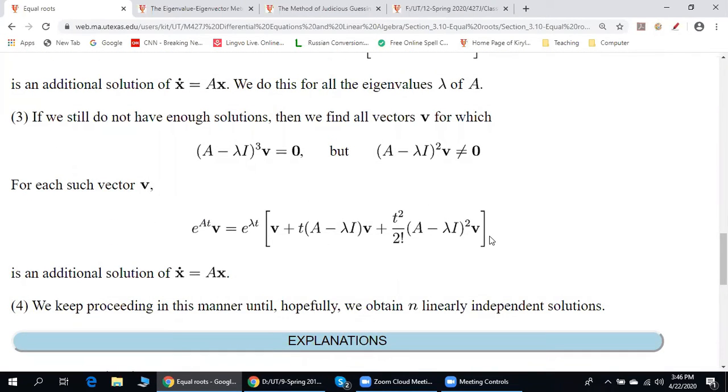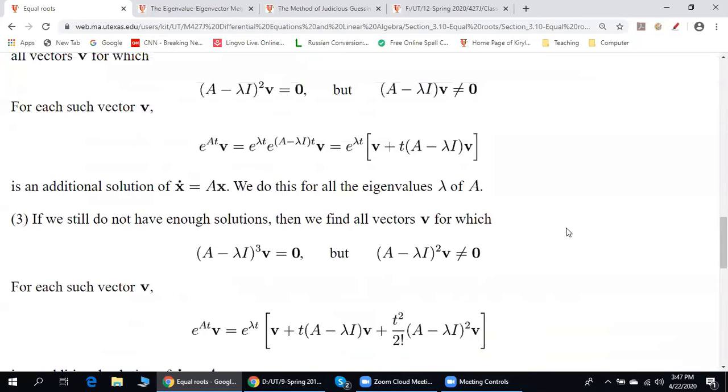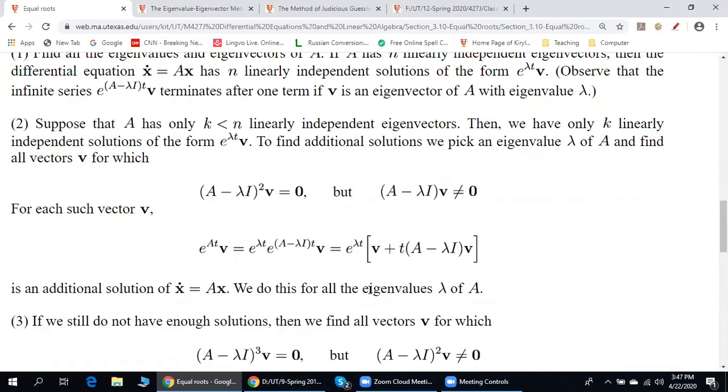In this course, we will discuss cases where either one particular solution cannot be deduced from eigenvectors or 2 particular solutions cannot be deduced from eigenvectors. So, in this course, it is enough to know formula number 1 and formula number 2. Let us talk about these formulas.